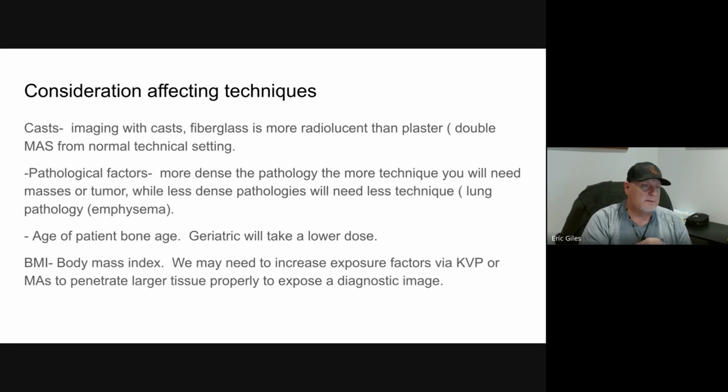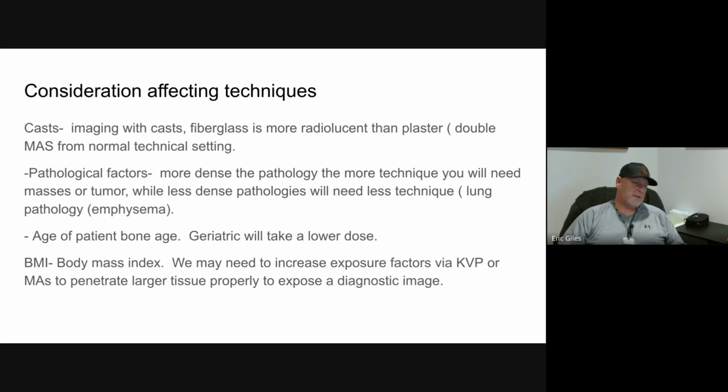Pathological factors: more dense pathologies will need more technique or more mass. Tumors or masses or anything like that. Lesser pathologies, like emphysema, you're going to need much less technique.